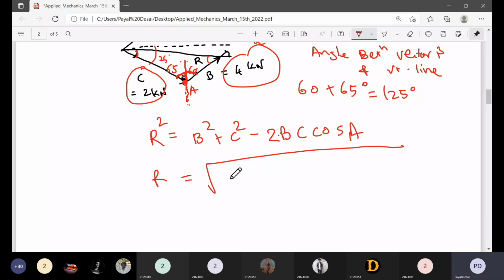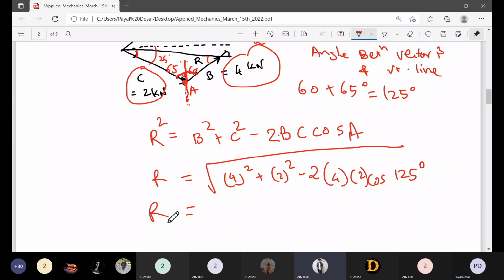So B square is 4 square plus 2 square minus 2BC cos A, where A is 125. This will give you the resultant. Ma'am, 5.4. Yes, 5.4. Yes, very good. So 5.4 kilonewton is the answer.